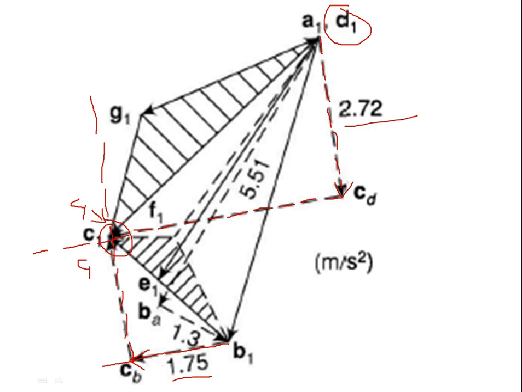Then start from D1 to CD, that is 2.72, draw a line parallel to DC, and then you get up to CD with a value of 2.72. From there take a line perpendicular to this line, or perpendicular to DC, it is the same. Extend this line, and that intersection point is nothing but the point C1.